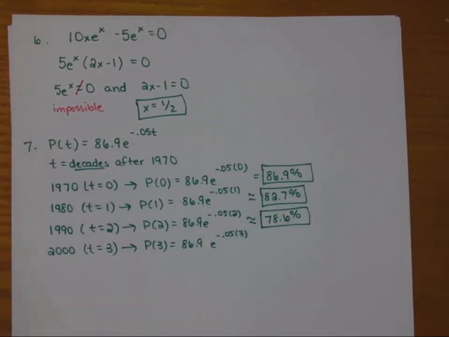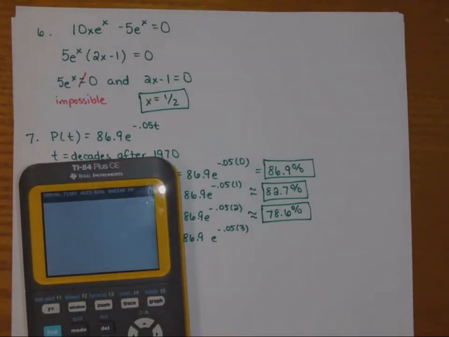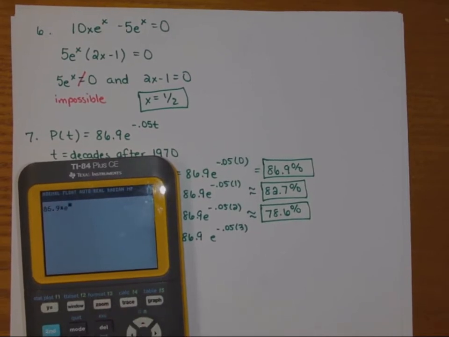All right, because I haven't shown you the calculator for any of the previous ones, I want to show you the calculator for this one. Your E button is usually on the left-hand column, so you would do 86.9 times e to the power of, and notice my calculator opens up an exponent box, and then you would say negative 0.05 times 3.